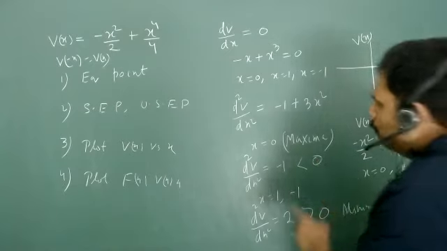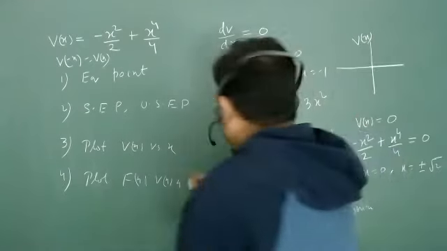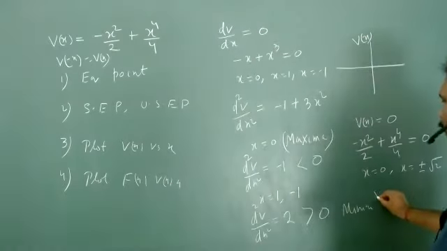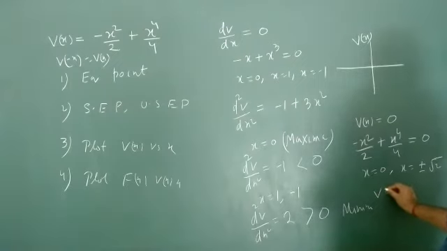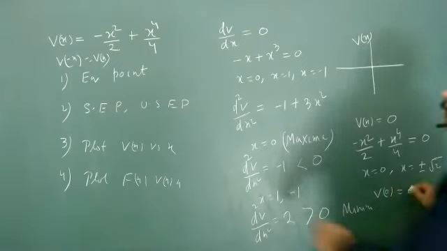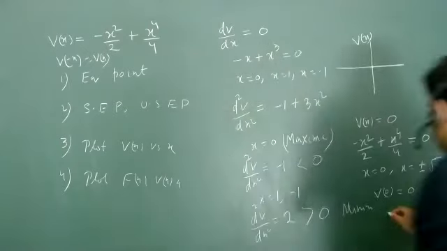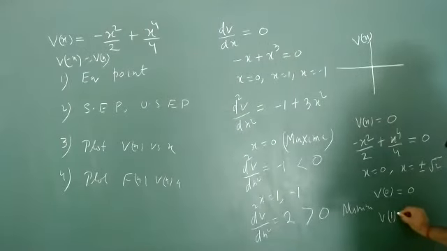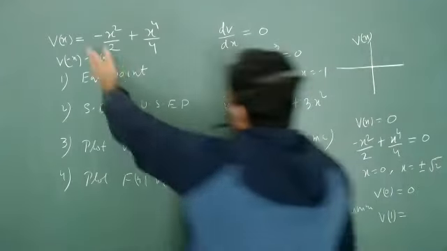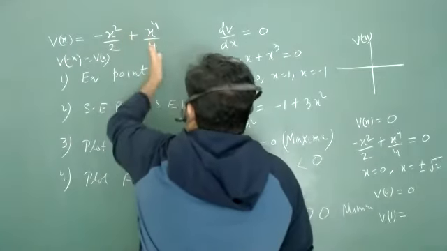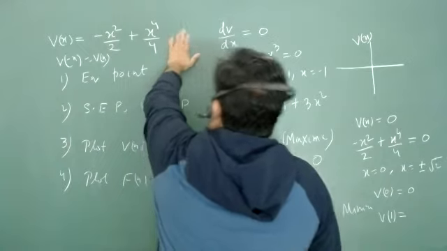We also have to check what will happen at x equal to 0. Obviously the potential will be 0. What will happen at x equal to 1? Minus 1 by 2 plus 1 by 4 is equal to what?